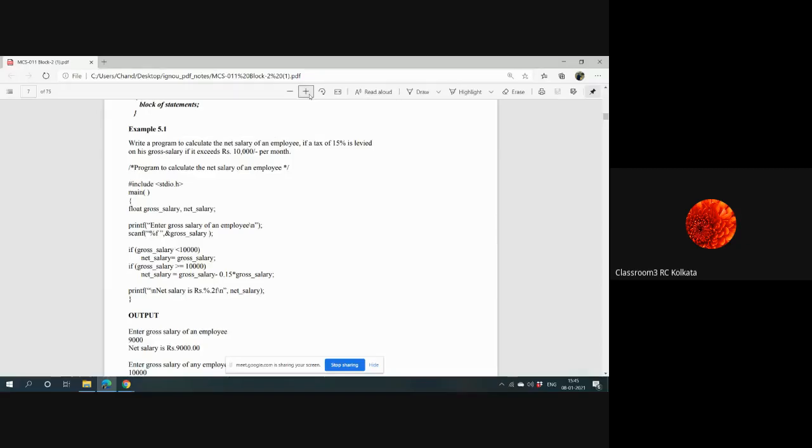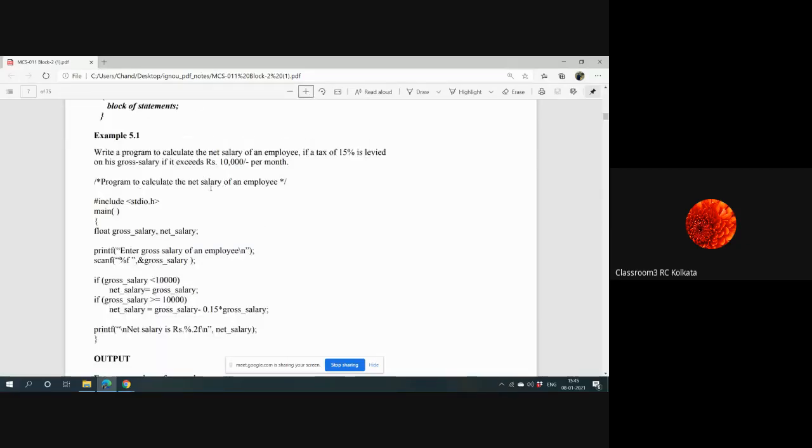The program calculates the net salary of an employee. Write a program to calculate the net salary of an employee if a tax of 15% is levied on his gross salary, if it exceeds rupees 10,000 per month.